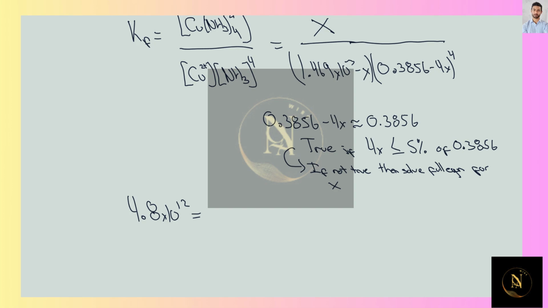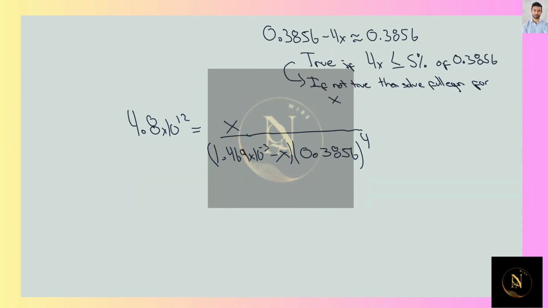This is going to be equal to x divided by 1.469 times 10 to the minus 3 minus x. And here we're going to introduce our approximation. The 4x is going to disappear and we're going to end up with this result.